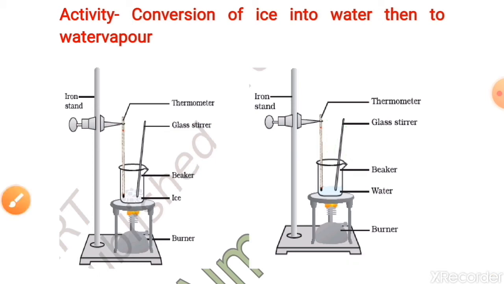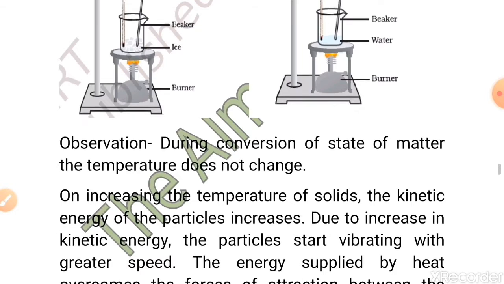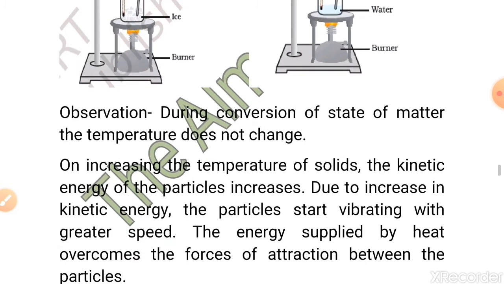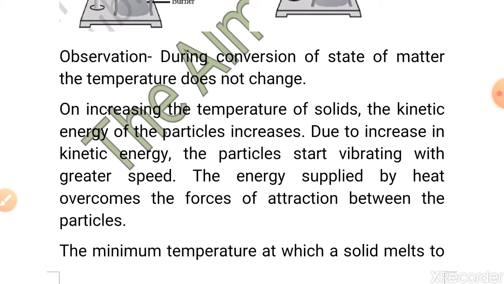Now students, we have discussed the observations. During conversion of state of matter, the temperature doesn't change. Now we must know why this happens. On increasing the temperature of solids, the kinetic energy of particles increases. Due to the increase in kinetic energy, the particles start vibrating with greater speed.